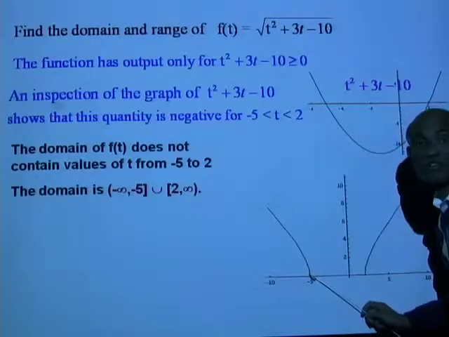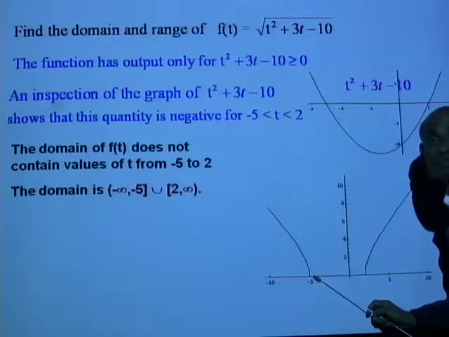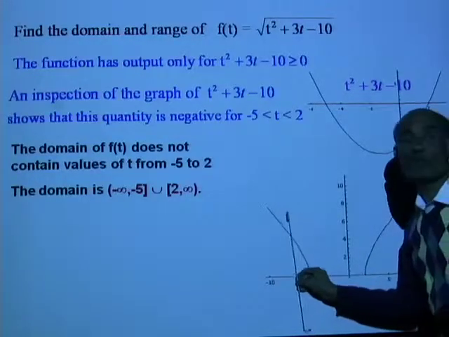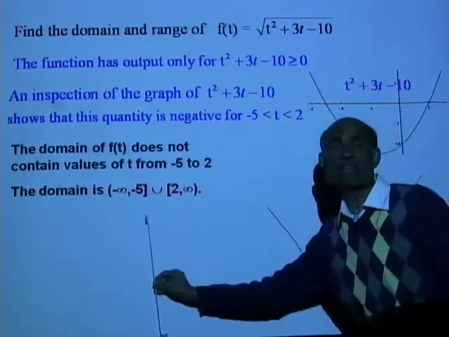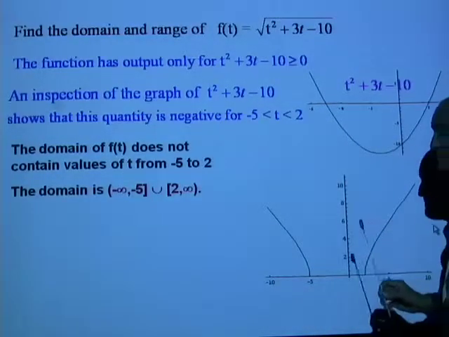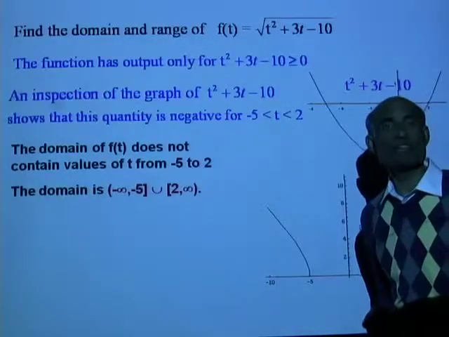If you notice, there are no outputs for t between -5 and +2. Output exists only for inputs less than -5 and inputs greater than 2. That's right. Okay, look at the graph and tell me what is the range of this function.